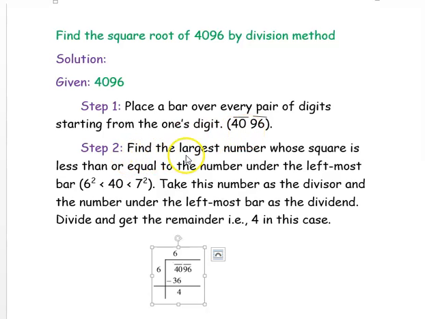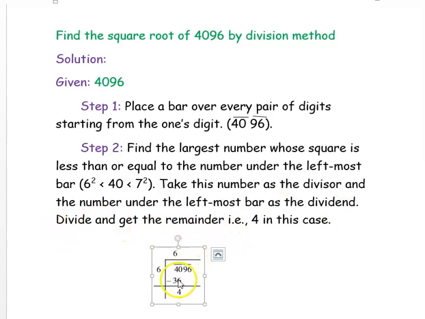The second step is to find the largest number whose square is less than or equal to the number under the leftmost bar. Then take this number as the divisor and the number under the leftmost bar as the dividend, divide and get the remainder.